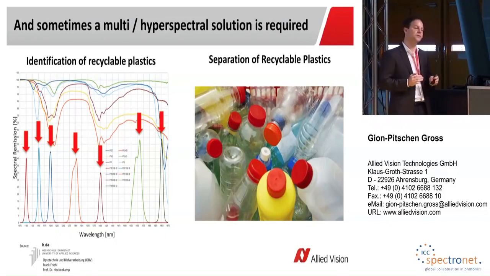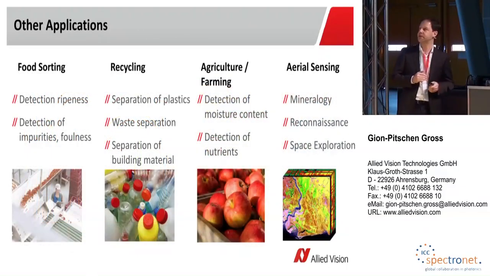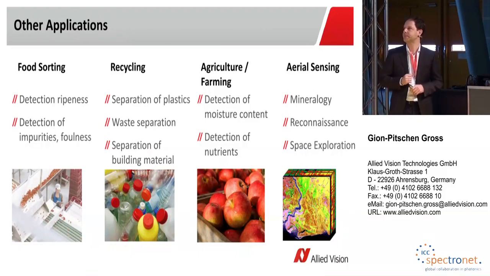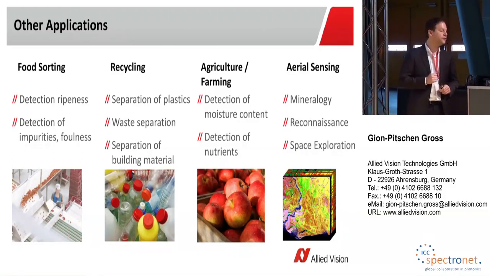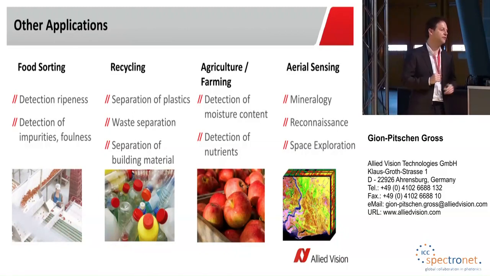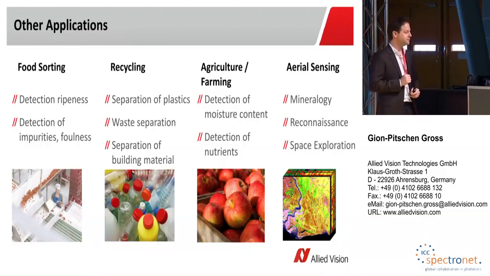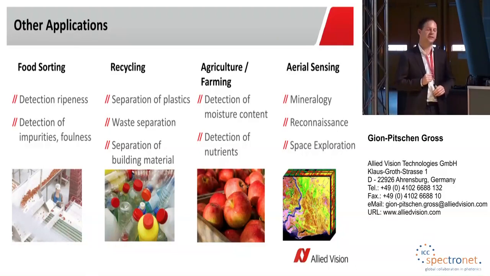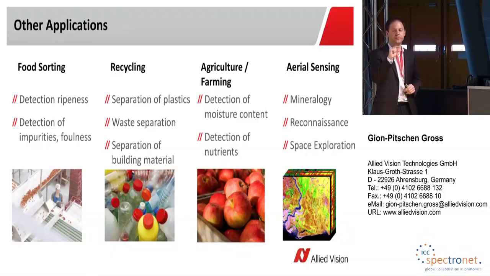So let's now see some other applications for hyperspectral imaging. It is often used in food sorting. I can detect different degrees of ripeness in certain fruits, or I can detect impurities in my materials, or also foul spots.